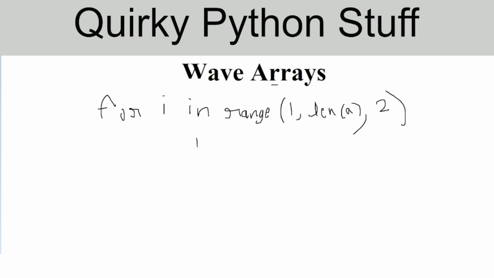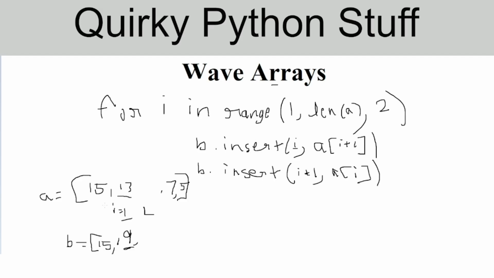So we can just write b dot insert. What we did here was, the 9, which was right here, we said that to go here, and this one to go here. If I can write that again: i value was 1 and this was 2. These are the index values and these are the real face values.